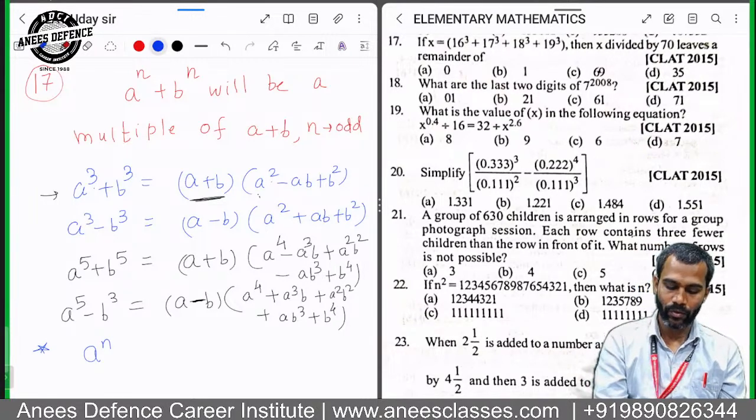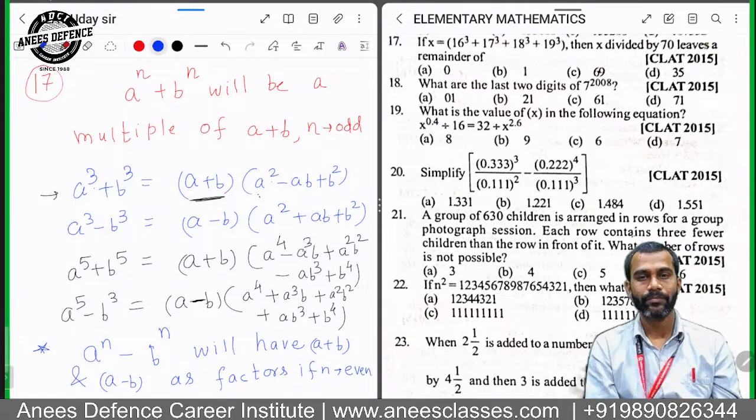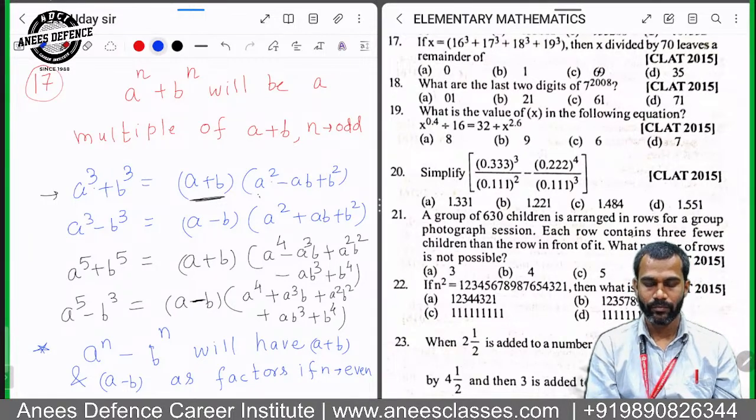So a raised to n minus b raised to n will have a plus b and a minus b as factors if n is an even number. Understood? Yes or no?